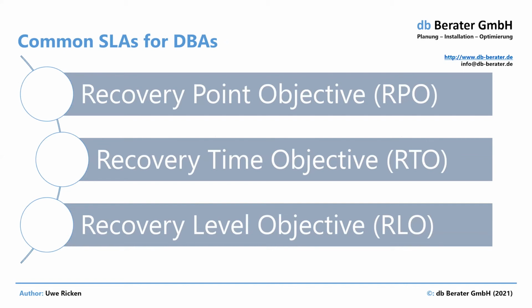What we now always need to take into consideration is the recovery point objective, the recovery time objective, and the recovery level objective. The RPO and especially the RTO are the key components we have to think about when we are talking about big databases.